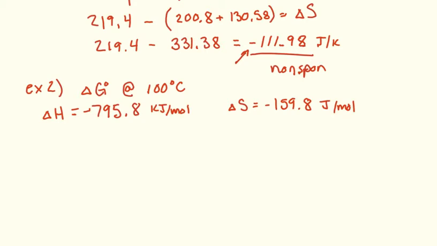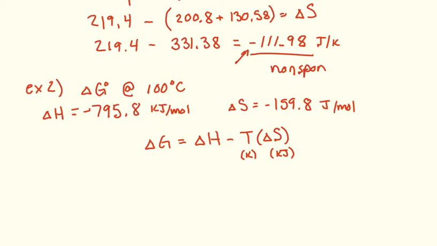Now, the main equation that we're going to want to use is our delta G equals delta H minus temperature times delta S. Okay, that's our main equation. Now, we know that temperature has to be given in Kelvin for this equation, and we need to convert the entropy to kilojoules, even though we're given the problem in joules.